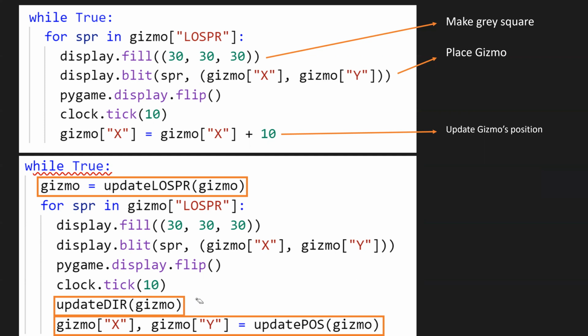Because if you touch the edges, I want you to take a step back and go in the opposite direction. So that's what update direction does. And finally, I want you to update the position of Gizmo in the X and the Y direction. This is equivalent to this part that we saw here at the top, but we're going to put it in a helper function. It's easier to edit that way.